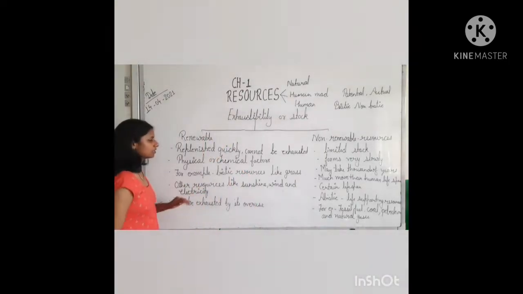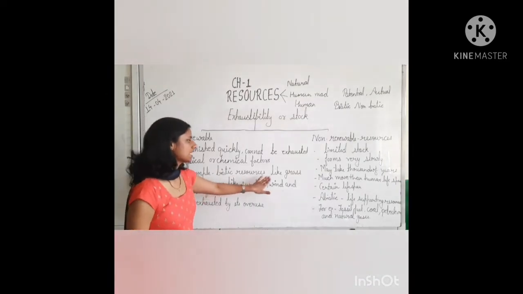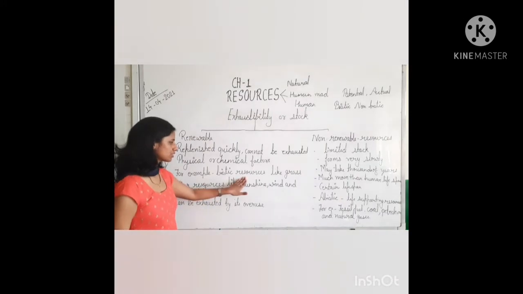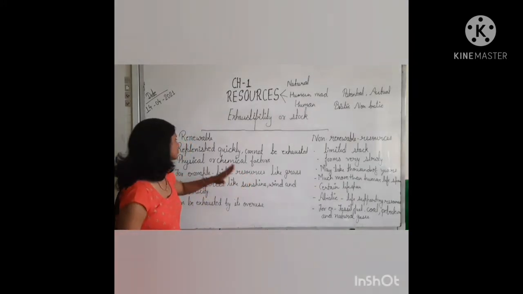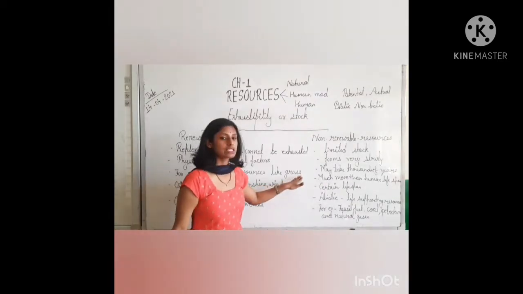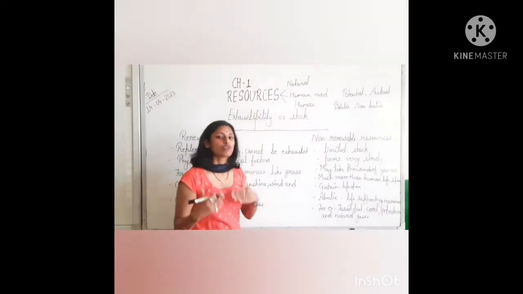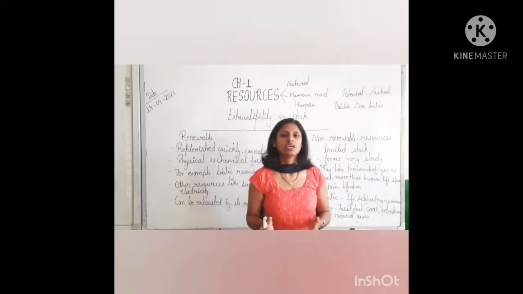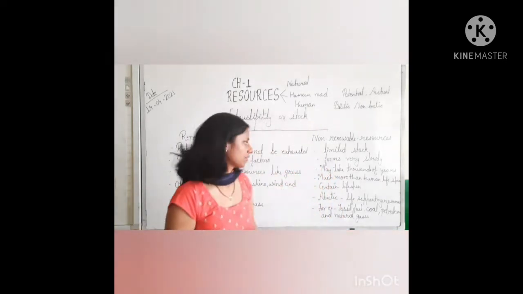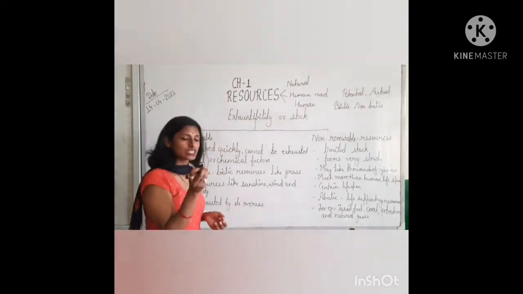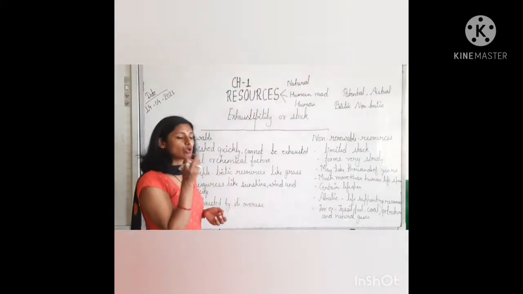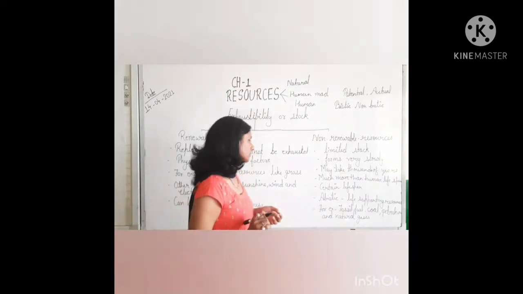Here we have an example: biotic resources that are renewable, like grass. Grass can be replenished quickly just after grazing, if the soil is not damaged.